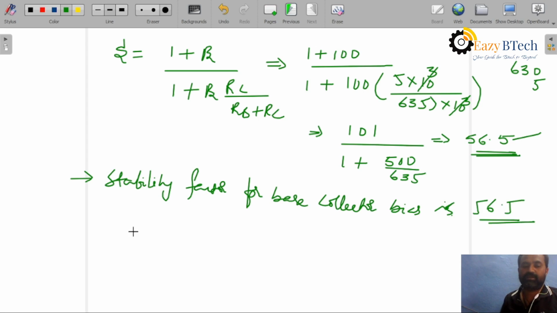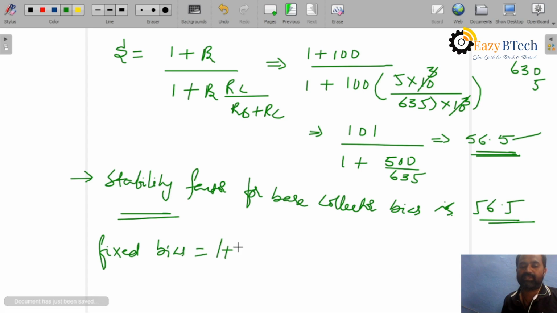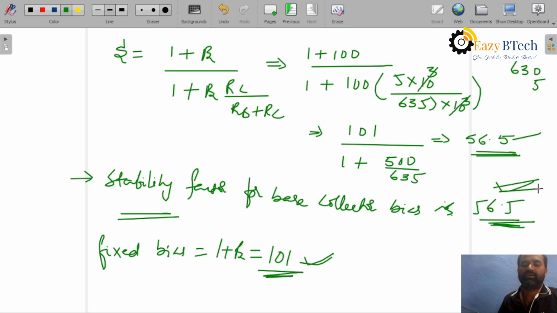Suppose the stability factor for fixed bias, then it is 1 plus beta, that is 101. Now you can say the stability is reduced, which means you can get a better, distortion free output from this network.